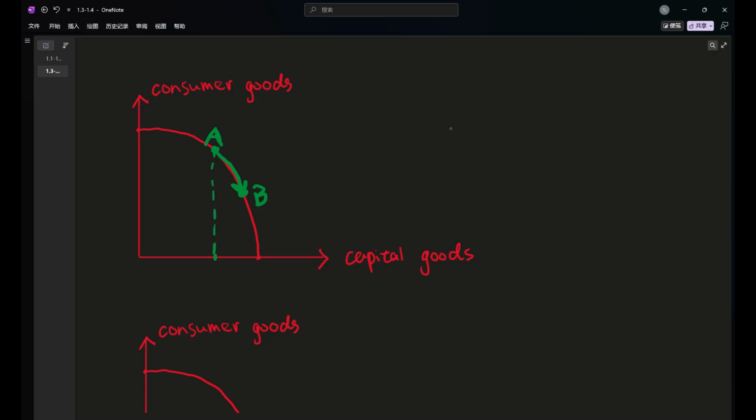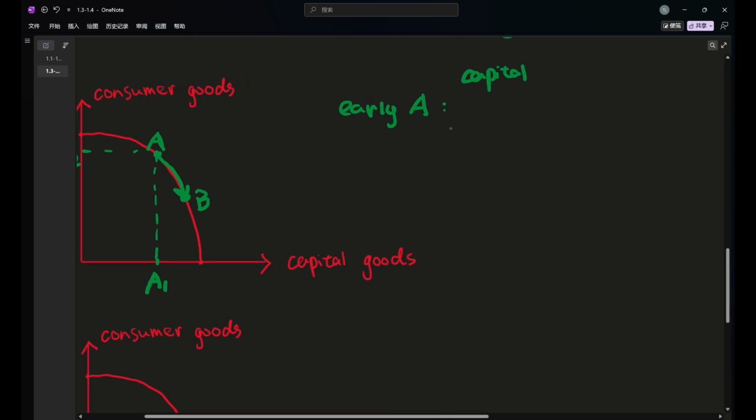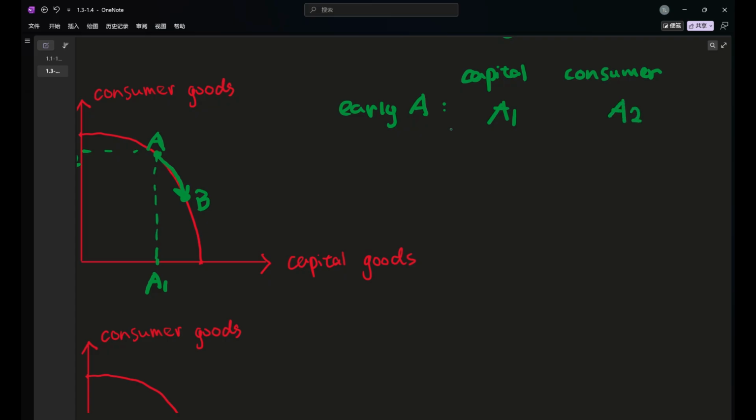So early at A, let's make a table. Capital, consumer. Early at the A point, you only make A1 capital, and consumer only produces A2 product.